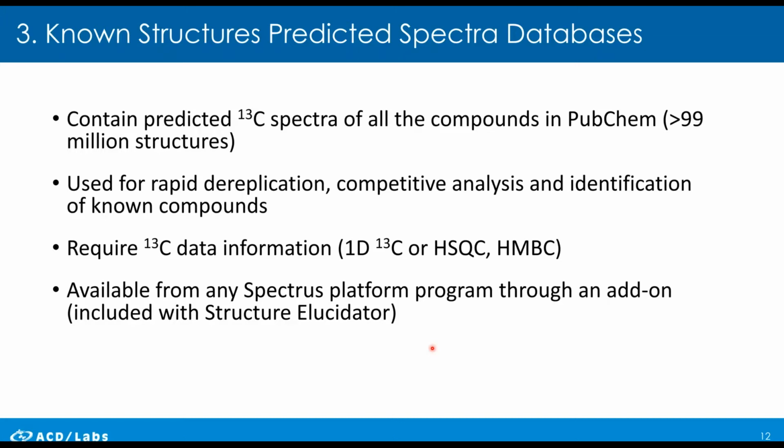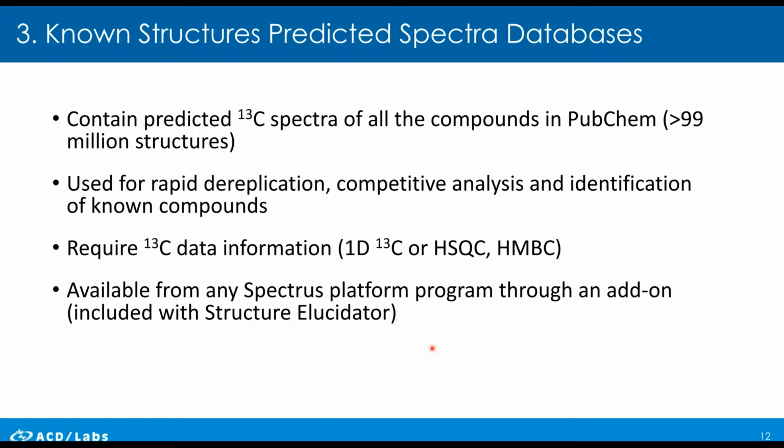So if you are, for example, working in the natural products field and you are isolating novel compounds and you want to see if they are really novel or if somebody has worked with them before, then you can enter C13 data information, that is C13 peaks. And this can be in the form of either a carbon spectrum or a combination of HSQC and HMBC spectra.